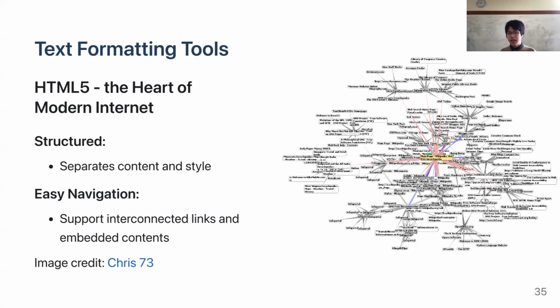So any change in the raw content is pretty simple. You just change the text and that's it. You don't have to do anything else. The browser or the render engine handles that for you.